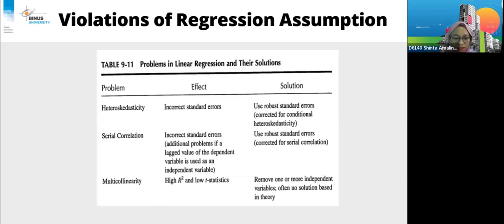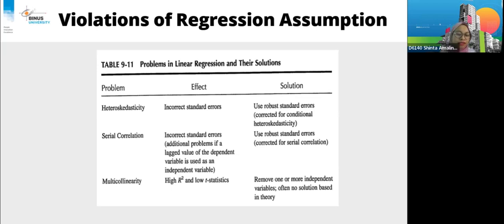So for both heteroscedasticity and serial correlations, you may use robust standard error to correct the conditional heteroscedasticity as well as the serial correlations. For multicollinearity, you simply need to remove one of the independent variables. But when you remove one independent variable, you lose one predictor, right?